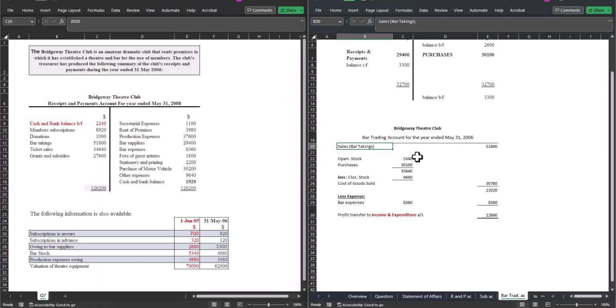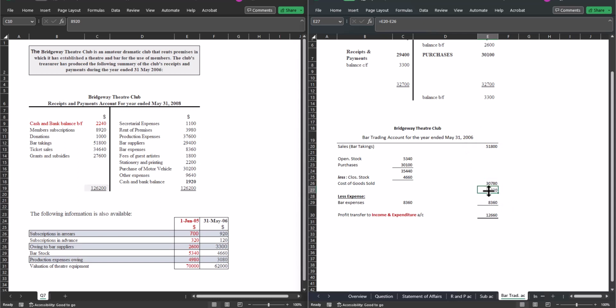our main source of revenue for the bar was bar takings, which basically refer to the sales from the bar. We had the opening stock of bar supplies, or purchases that we calculated above, add them together and subtract the closing stock to get our cost of goods sold. This cost of goods sold was subtracted from the bar takings to get a gross profit.